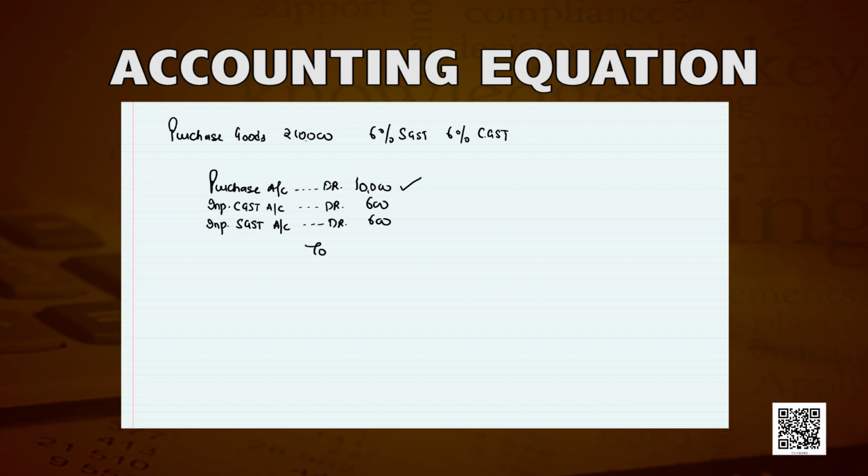Nothing is mentioned in the question, so it would be to cash, 11,200. This 11,200 is the sum of 10,000 and 600 and 600. Always remember, the total of debits and credits must remain the same. And the rule is, if purchase account is debited, GST is also debited.